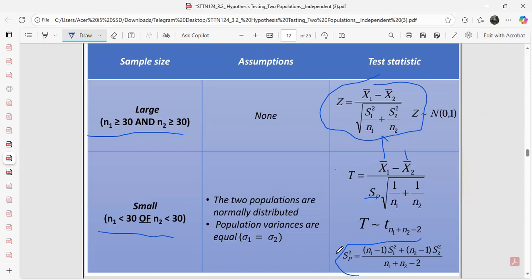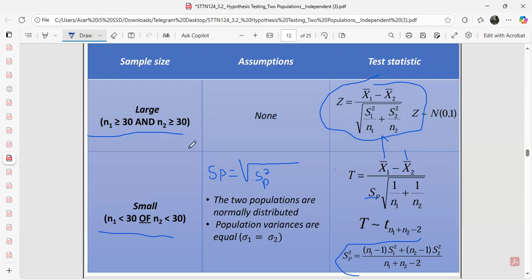Once you get S squared P, remember the formula uses SP, not S squared P. So you take the square root of S squared P, just like when you're given the variance and need to find the standard deviation. Then you substitute that here and you get SP. That's how you do it.